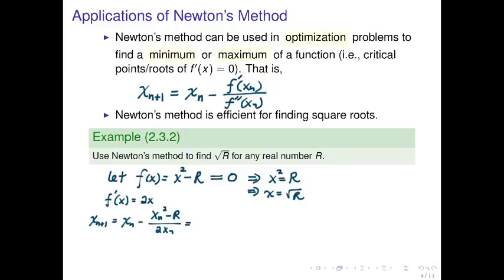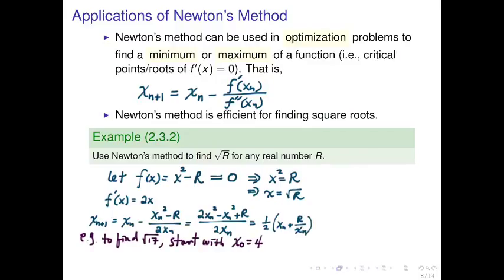If we clean this up a little bit by getting a common denominator, 2x sub n, then we get on top 2x sub n squared minus x sub n squared plus r, which then reduces to 1/2 times the quantity x sub n plus r over x sub n.